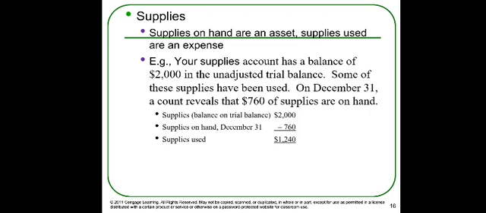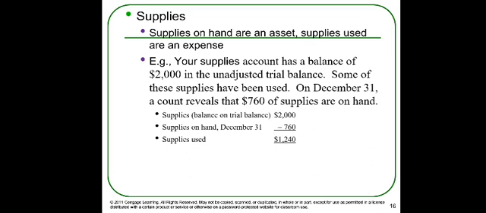So how many supplies have been used during the year? So supplies that have been used during the year is 2,000 minus 760, equal to supplies used equal to 1,240. So it means that during the year, $1,240 of supplies have been used.